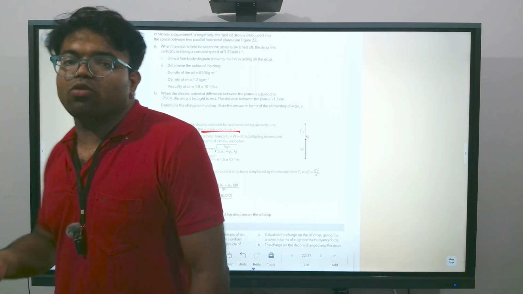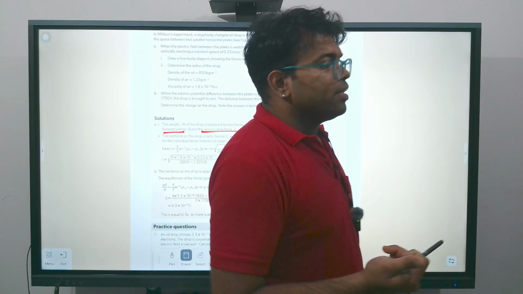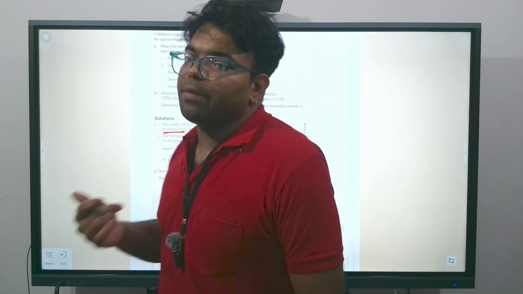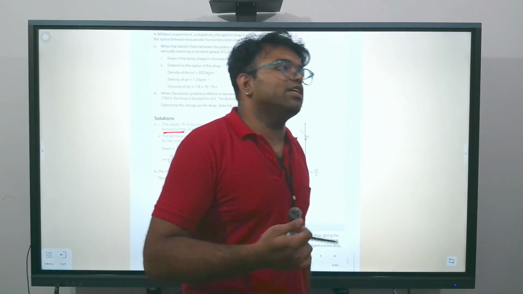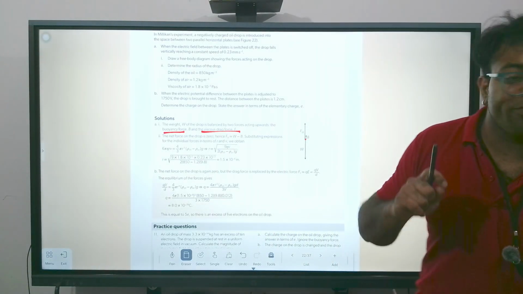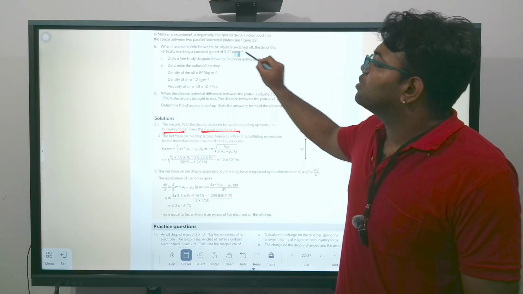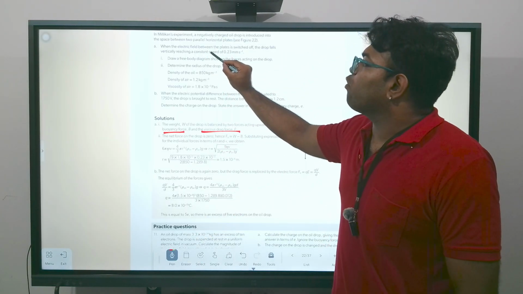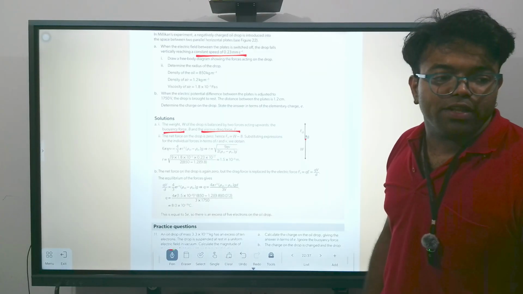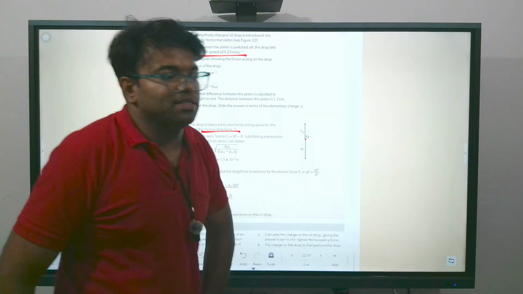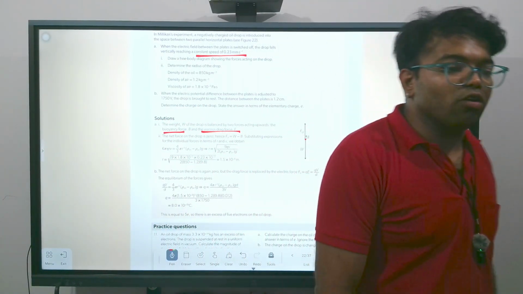How do we know that this drop of oil is in equilibrium? It is in equilibrium, which means the net force acting on it is equal to zero, because it is not falling with a constant acceleration. It is falling with a constant speed. If it were falling with a constant acceleration, then there would be a net force acting downwards.